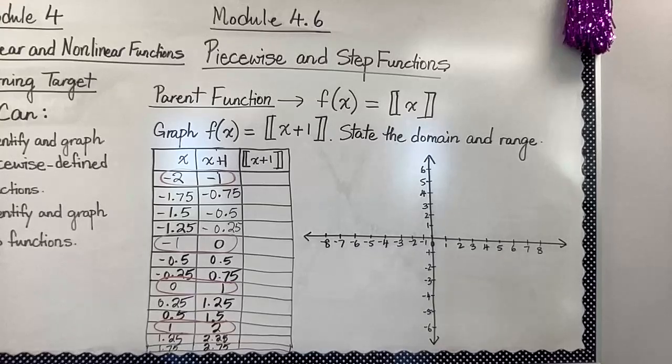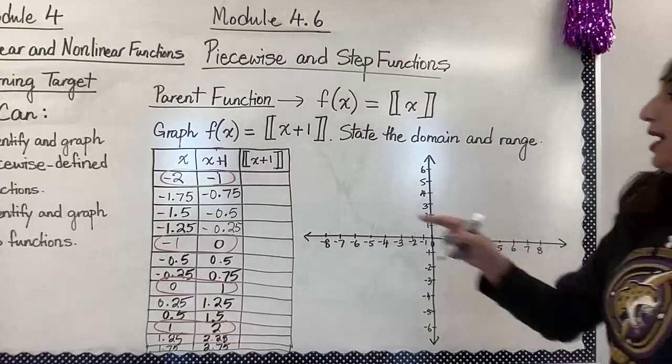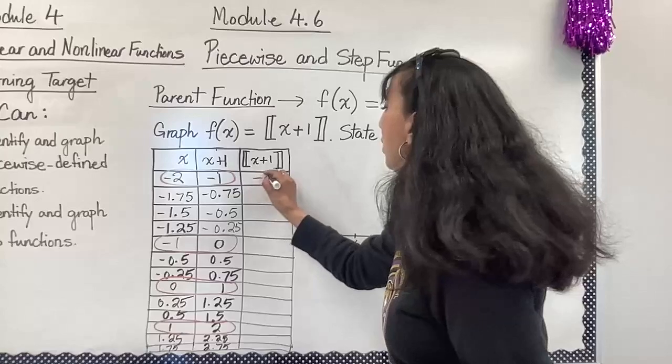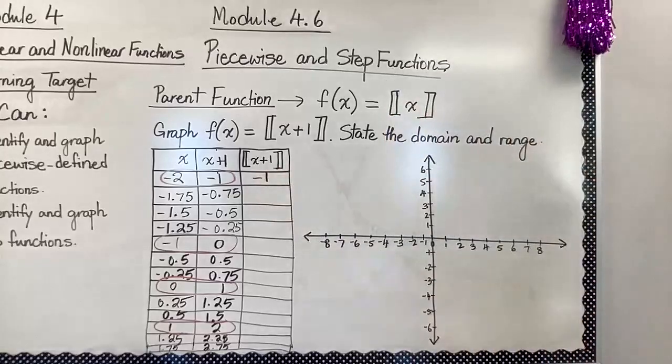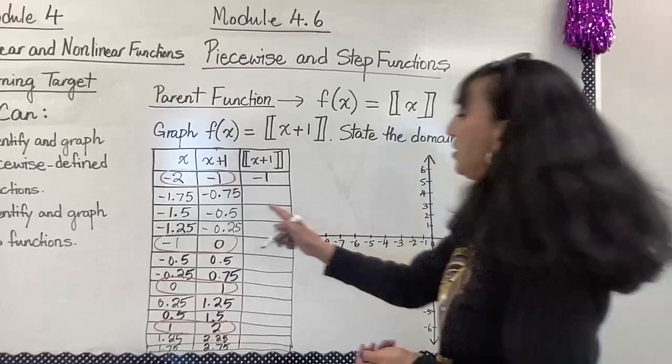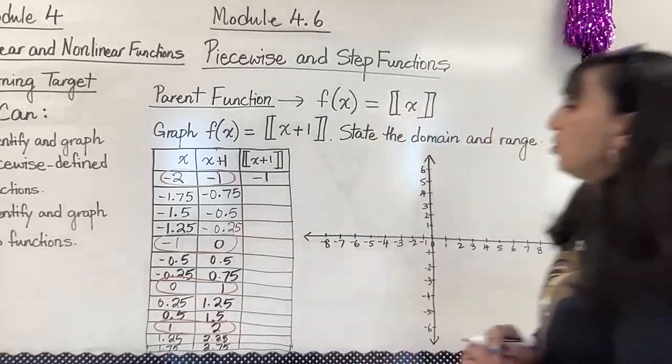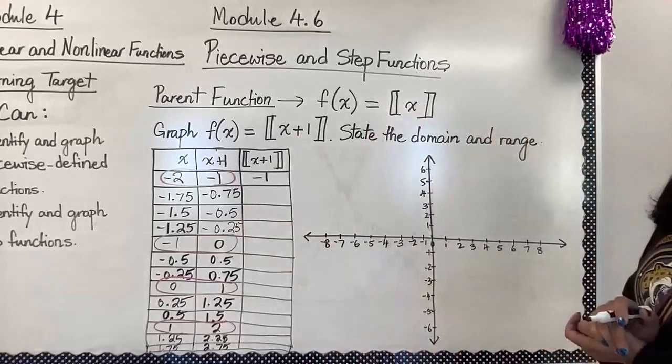So for the first one, x plus 1, yeah, I get, what do I get? I get -1. Okay, and then what about -7500, -5/10, -2500?